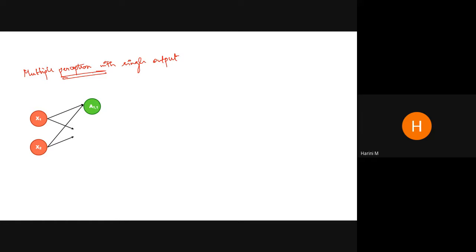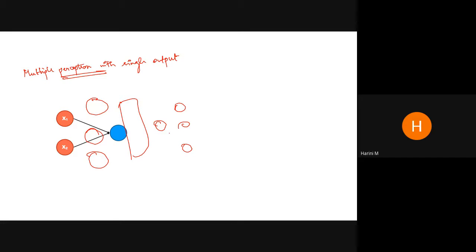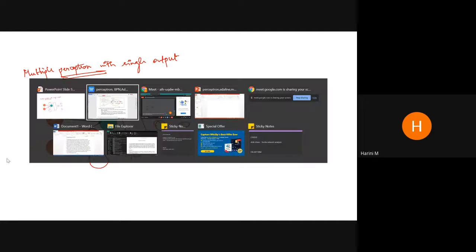We can design the architecture as per our requirements. Either you want a single neuron in your architecture, or you want multiple neurons, or you want a single layer, or you need n number of layers to get a single output, or you need n number of outputs. It's purely dependent on us, and also based on the requirements. Now this concept is known as multiple perceptron with single output.